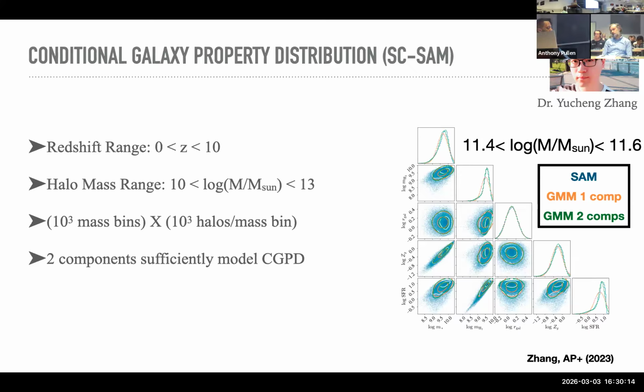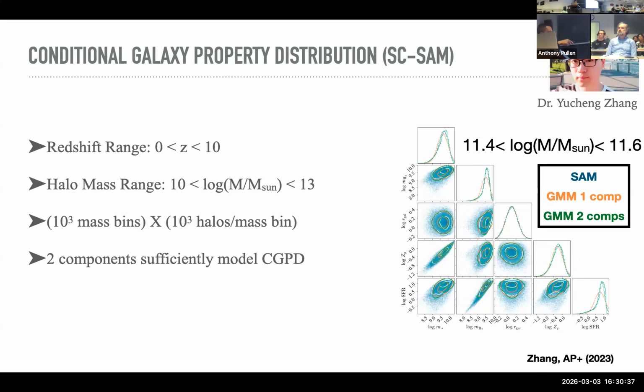Here are listed five properties that fully characterize the emission spectrum of galaxies in our simulation: the stellar mass, the molecular hydrogen mass, galaxy sizes, gas metallicities, and star formation rates.